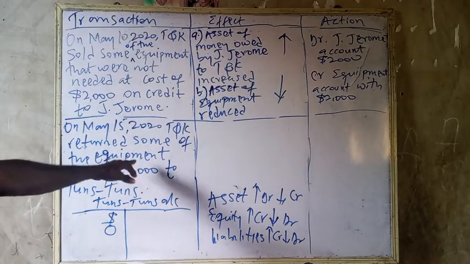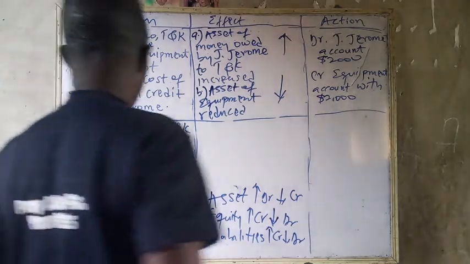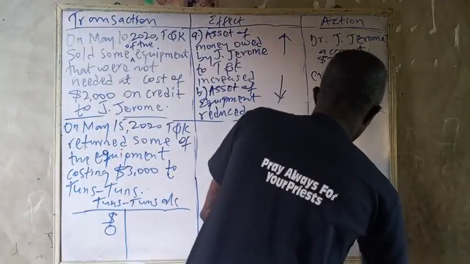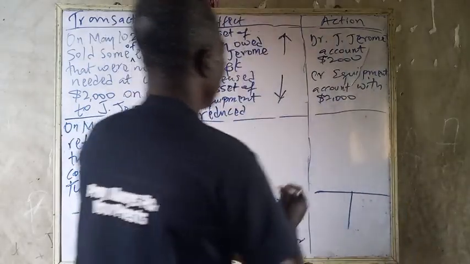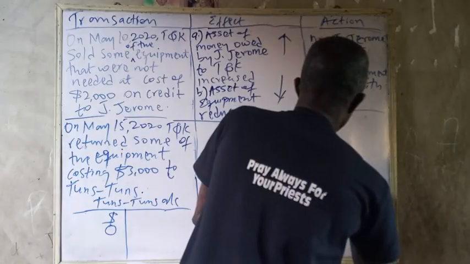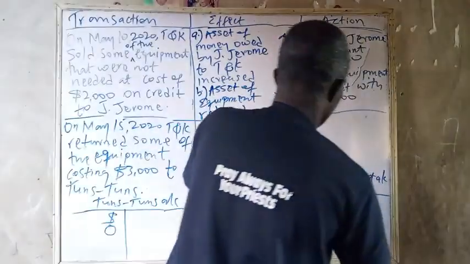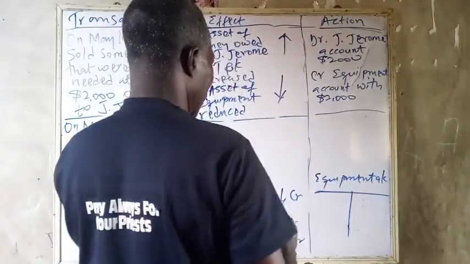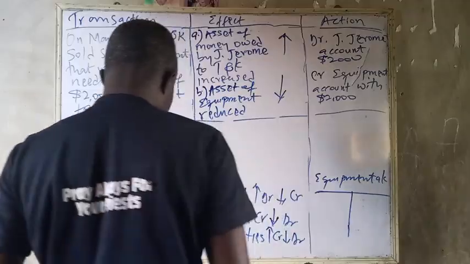Return some of the equipment costing. So let's open equipment first. We have our equipment account. Let's see that our equipment account, the value was there.